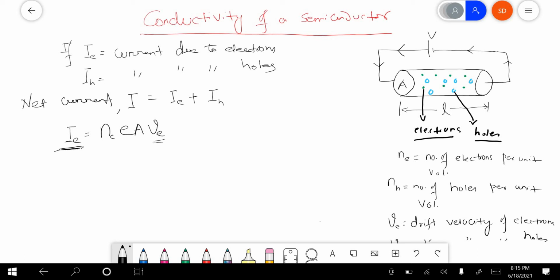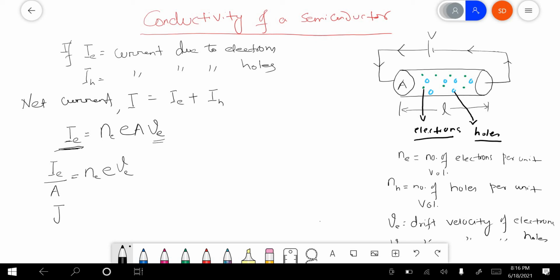Now from here we can write current I divided by A, the area of cross section of the semiconductor, is equal to Ne e Ve. We know that current divided by area is current density.